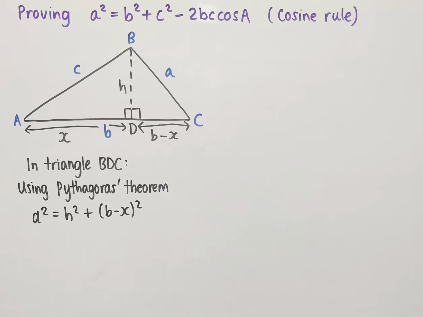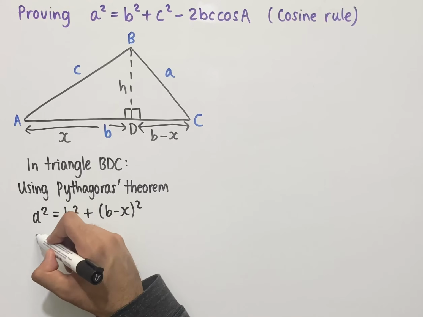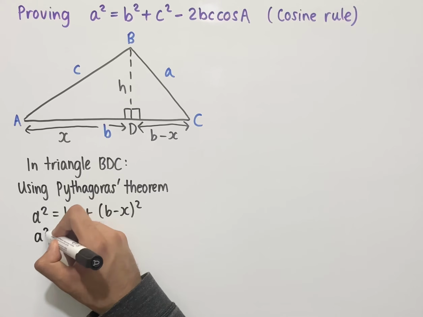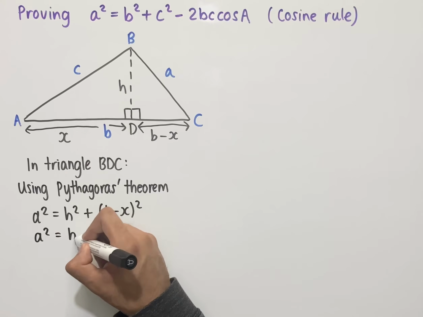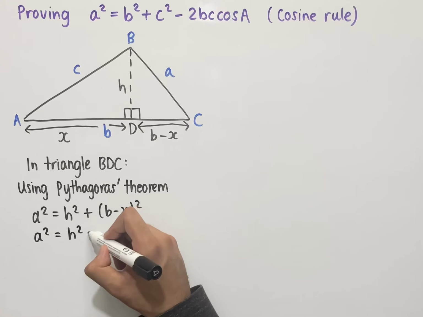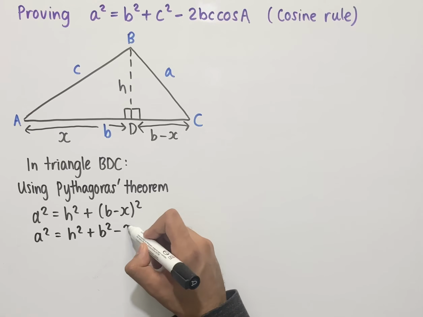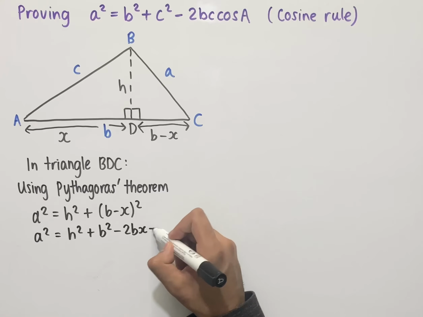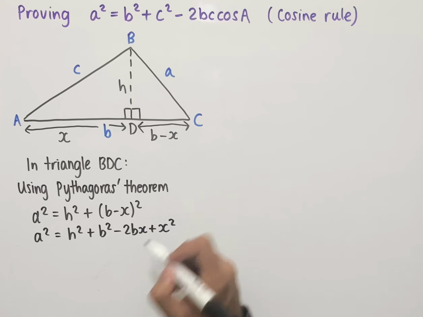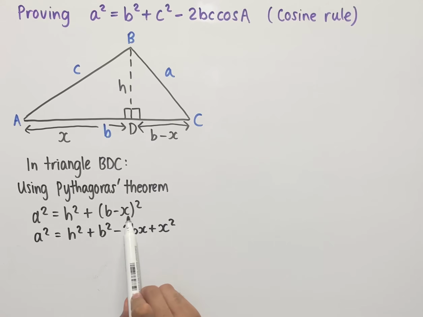Now expanding the brackets on the right hand side, we get the following equation. So a squared equals h squared plus b squared minus 2bx plus x squared. You might want to take a moment to convince yourself that b minus x all squared leads us to these three terms.